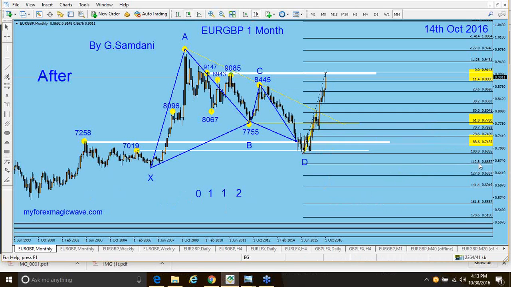And if you take the square root of 50%, it is 0.707, which is right here in between 61% and 78%. The reciprocal of 0.707 would be 141.4%. So now you know all these numbers are either reciprocals, squares, or square roots of each other. This is how we come up with these Fibonacci numbers.